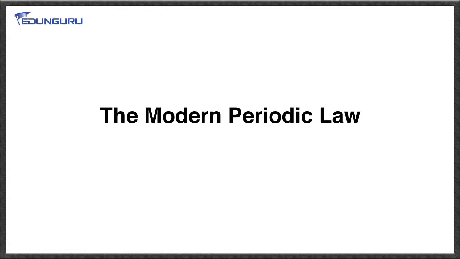And now we are in a position to discuss the modern periodic law. What is the modern periodic law? The physical and chemical properties of elements are the periodic function of their atomic number.